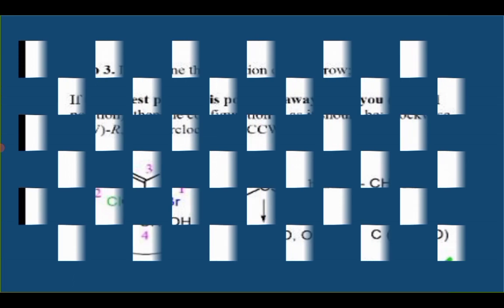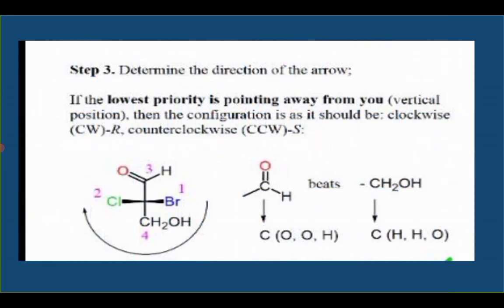Okay, second step is the lowest priority group. If it is in the vertical position, then the observed configuration is the actual configuration. Here the configuration is a clockwise turn, hence it is the R configuration.